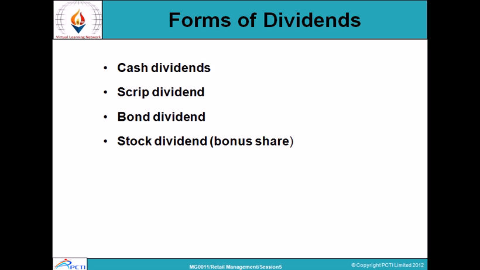And the fourth one is stock dividend, that is bonus shares. Normally it is known as stock dividend in USA or bonus share in India. In the distribution, the company gives additional shares to the shareholders in the form of bonus shares in India, and in USA you call it stock dividend, right?